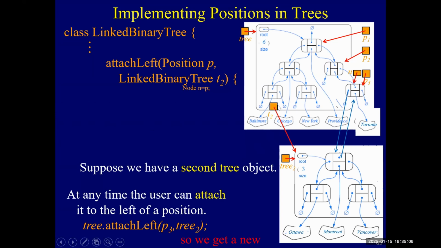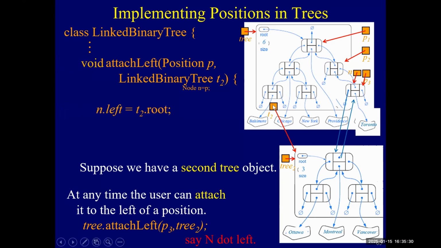So we get a new variable inside this tree, tree 1, a variable T1, which is now pointing at this entire tree. It's not pointing at a node, it's pointing at a tree, and so it's not going to return anything.